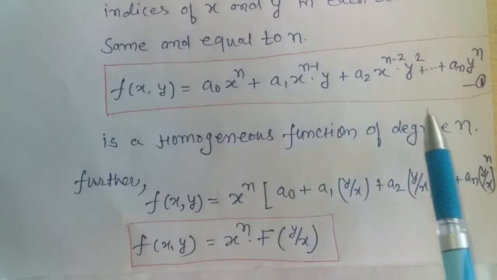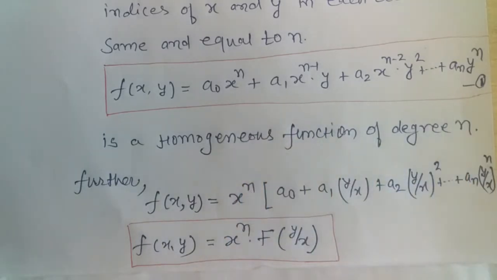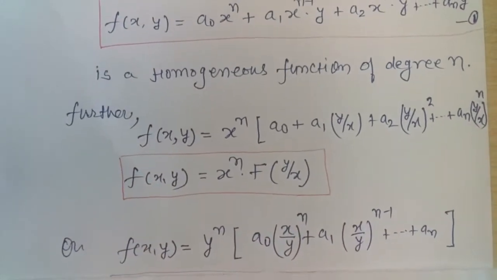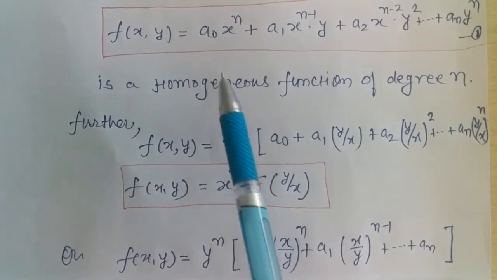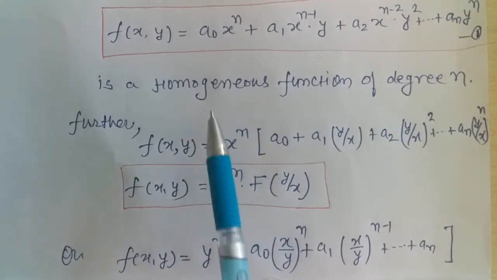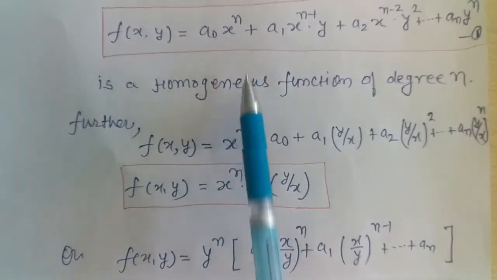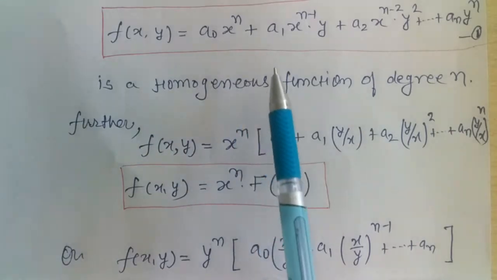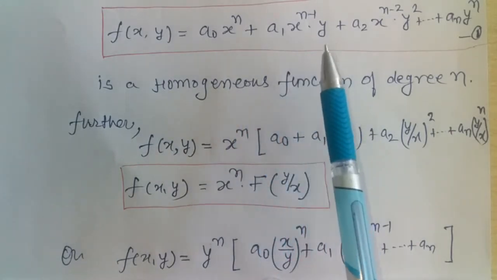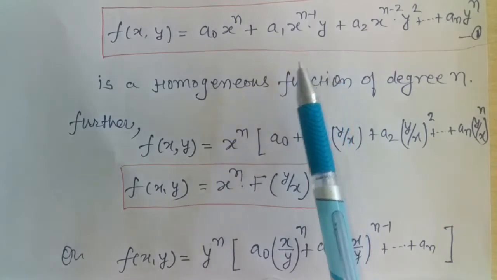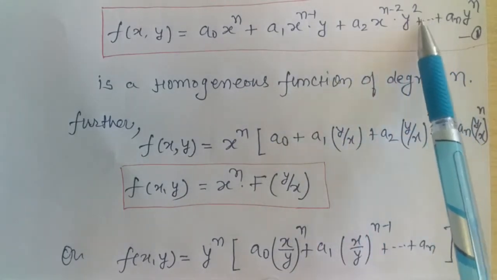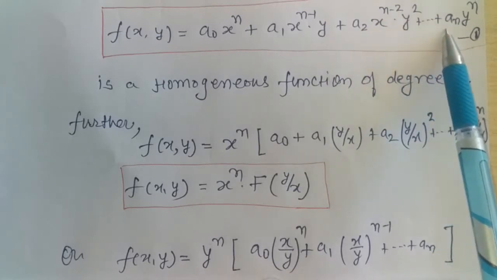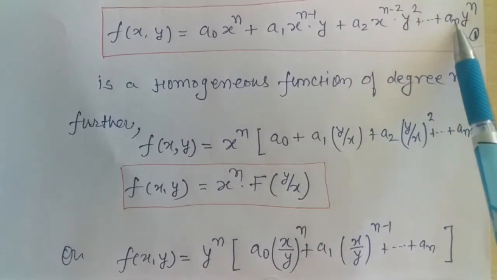Similarly, if we take y^n common from equation first, then we have f(x,y) = y^n [a0 (x/y)^n + a1 (x/y)^(n-1) + a2 (x/y)^(n-2) and so on plus an].